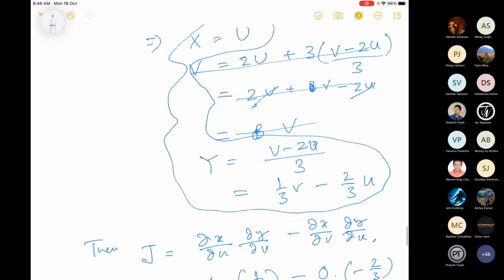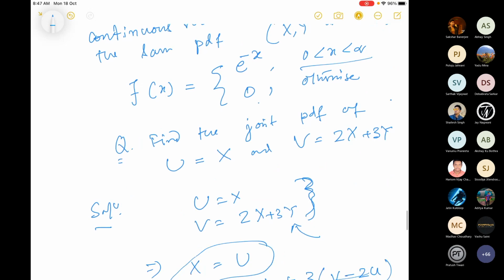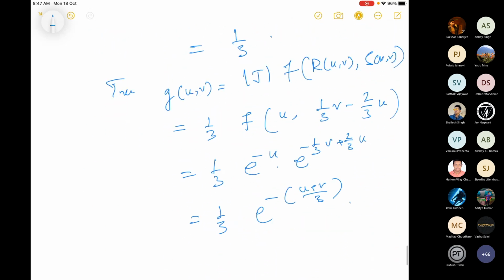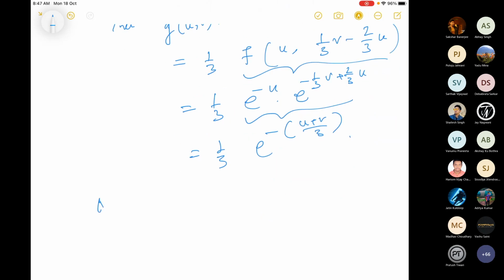Now, what we had: x and y are lying between 0 less than y less than infinity, 0 less than x less than infinity, because it's the same PDF. They are independent, so f of x,y is nothing but f of x times f of y. I just multiplied these. So 0 less than x less than infinity, and 0 less than y less than infinity.